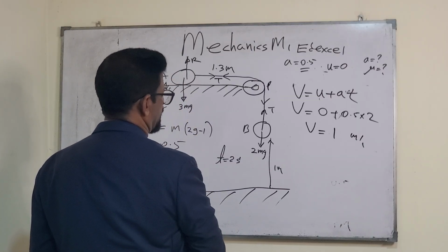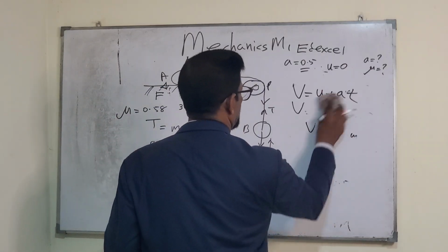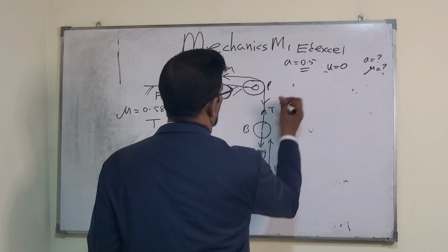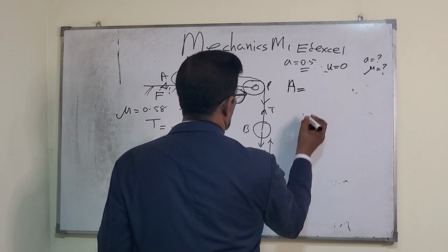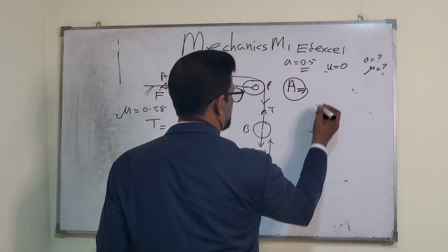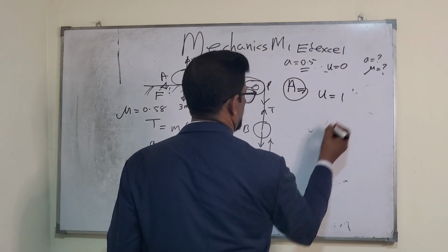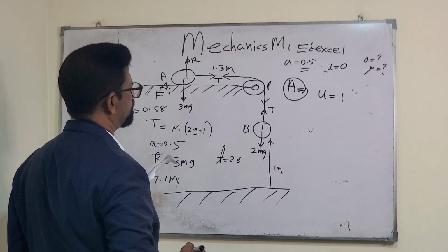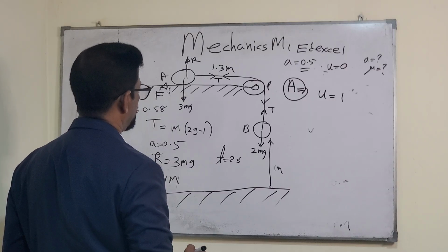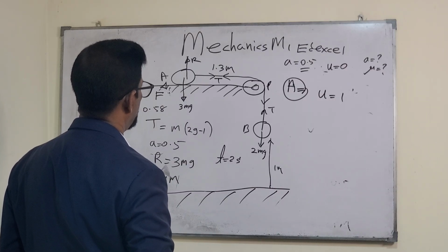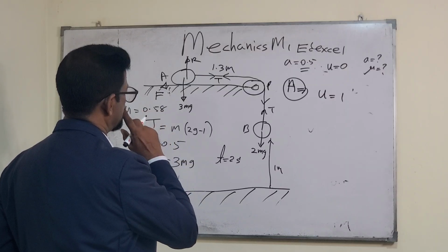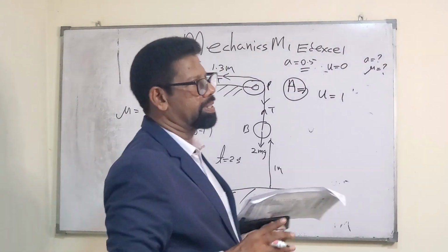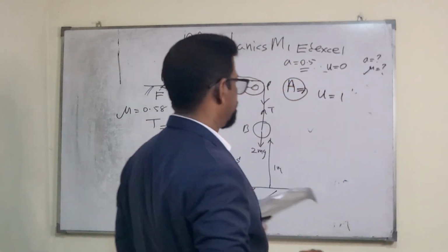Right, then when B hits, the A particle velocity is also 1. So now when it hits the ground, the A particle has initial velocity 1. Now we can find the distance travelled. Now that does not use that acceleration, now deceleration.